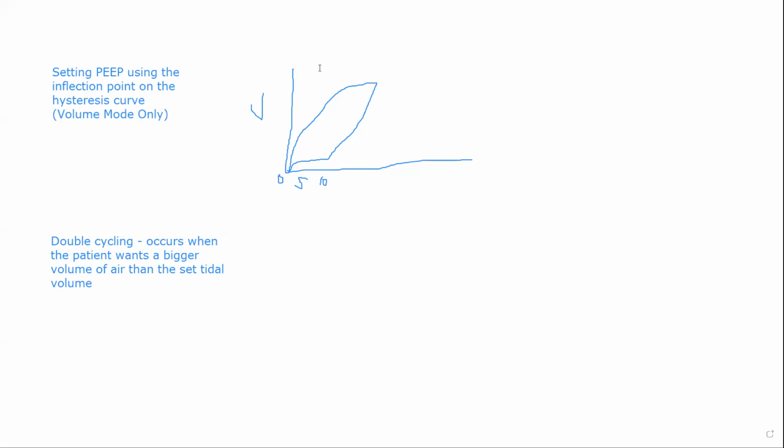So let's do this on pressure. Let's say I did a pressure control breath. So you don't see any exhalation occurring. There's a breath and then there's another breath. So that's pressure control.